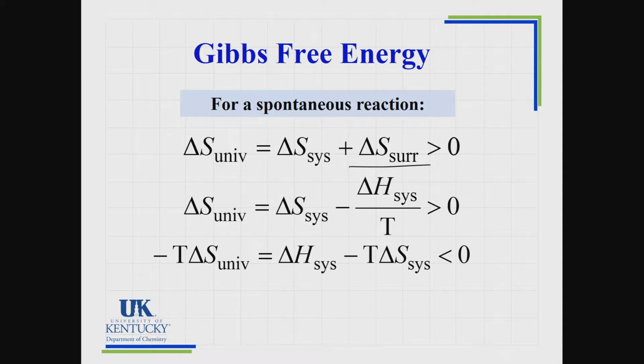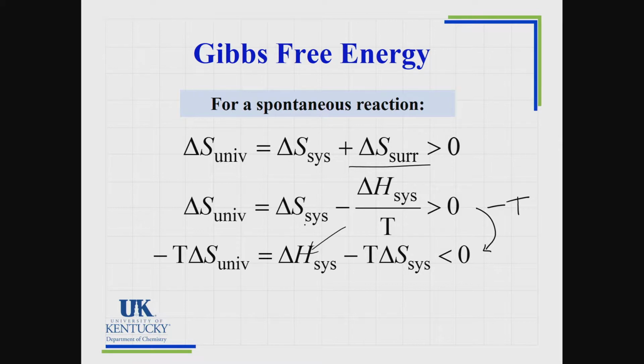Another really interesting thing is the sign changed, didn't it? So what have I done to go from this step to this step? All I've done is multiplied through by a negative T. Everything got multiplied by a negative T. The delta S of the universe got multiplied by a negative T. The delta H got multiplied by a negative T, and that gave us a positive delta H, which got moved over here.